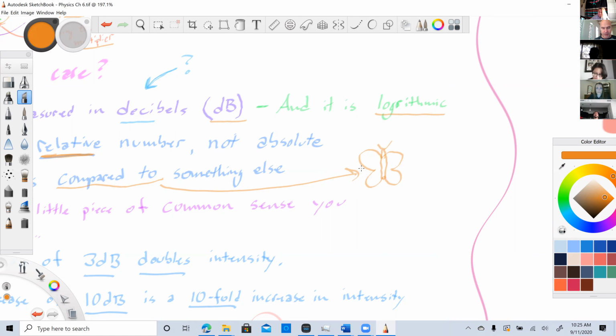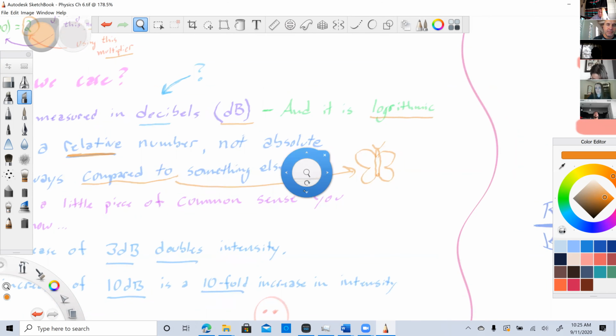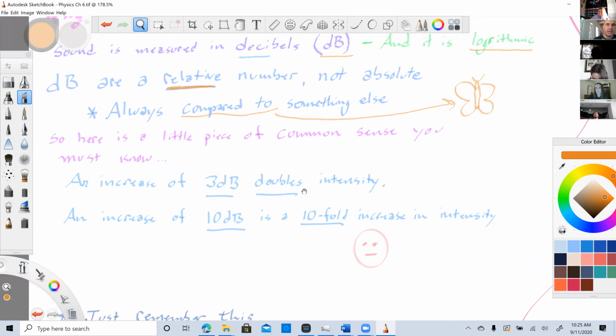If I increase my noise from my current speaking voice by 1 decibel, it's a 1 decibel increase from my current voice to a louder voice. It's just simply a fact that we need to know.